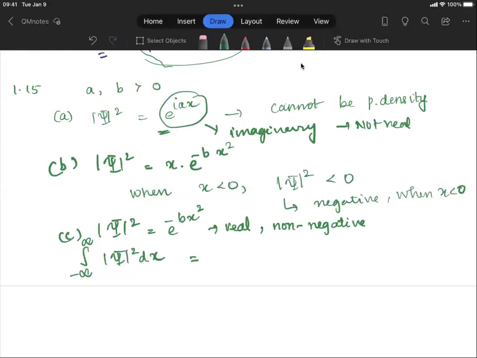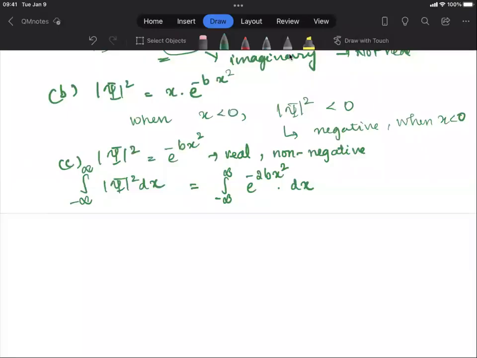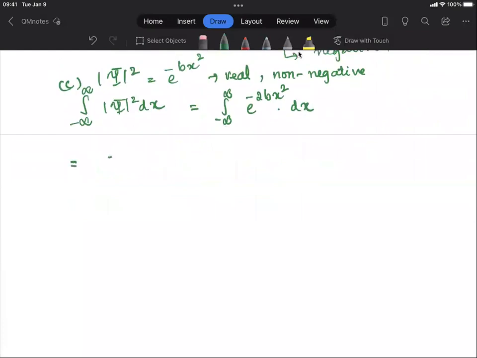So if we were to do that, we would get the integral of e to the power negative 2b x squared dx. We can write this as 2 times the integral from 0 to infinity of e to the power negative 2b x squared dx.